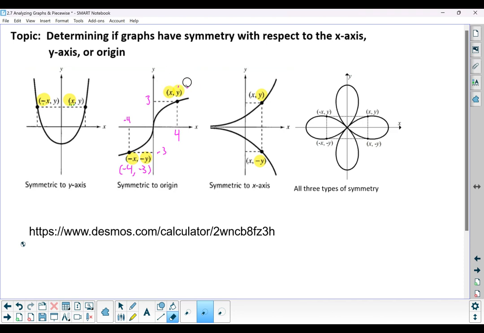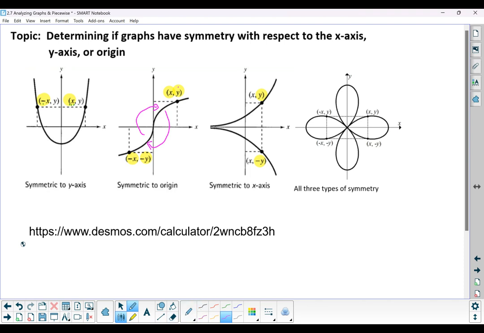You can think of it like rotating the graph. Let me draw some arrows here. So if we rotate this graph 180 degrees, it lands back on top of itself. So sometimes it's called a rotational symmetry.